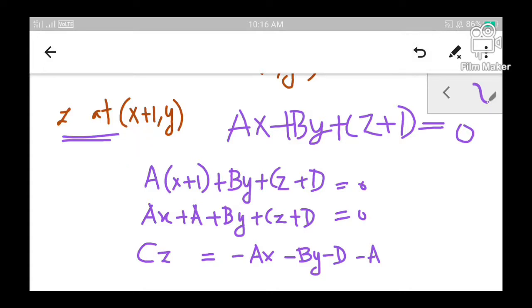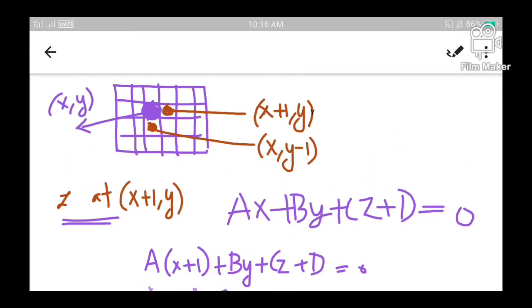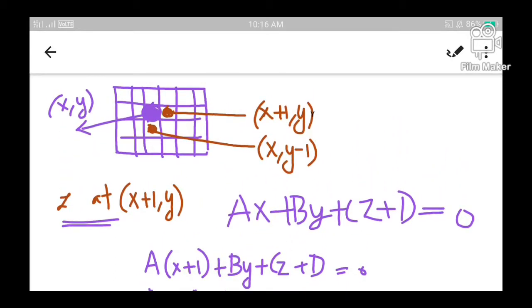So substituting x plus 1 in this equation, we will get a into x plus 1 plus by plus cz plus d equal to 0.